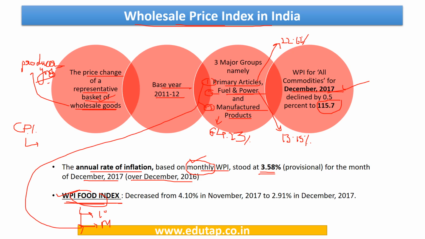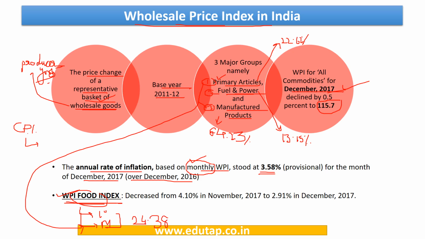Only the food products in the first and third categories are taken from there and combined into the WPI food index.